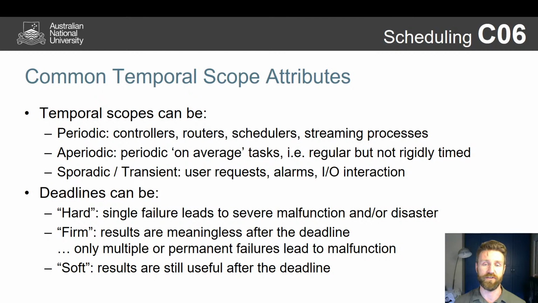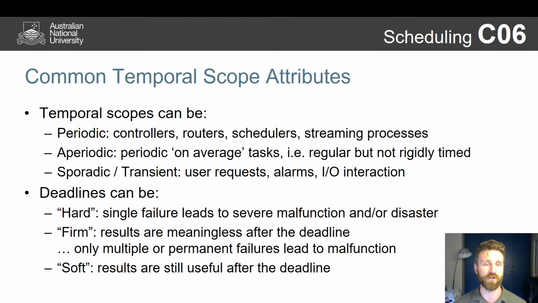So these would be things like user requests, such as pressing a button on your phone, or an alarm, like a temperature alarm kicking off in the environment control system in your building, or some kind of interaction through I/O with the real world. None of these things are predictable. They're all initiated by events outside of your system, but you may have real-time constraints in responding.